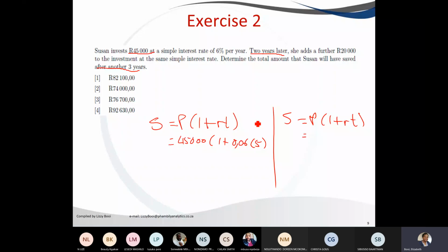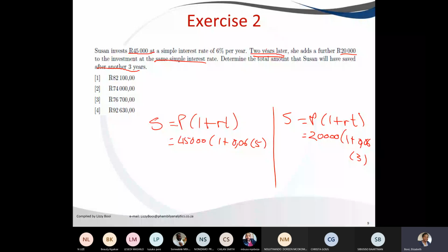And our period, 2 years to 5 years, how much? It's 3 years. So this you will only calculate for 3 years. So your period T will be equal to 3 years. Let me put this nicely here: 20,000 times (1 plus 0.06 times 3 years).